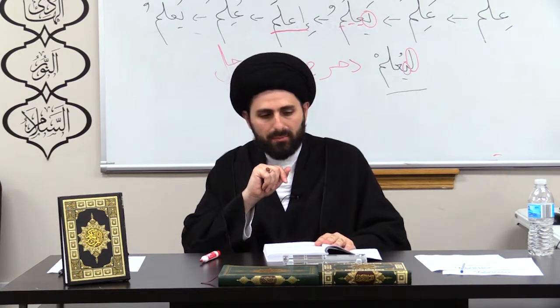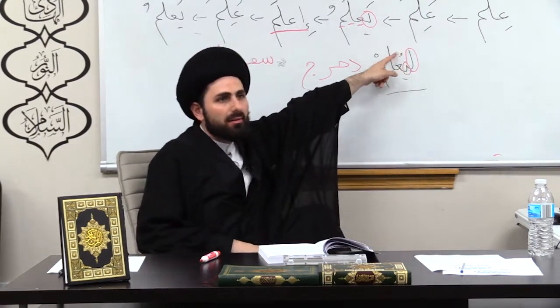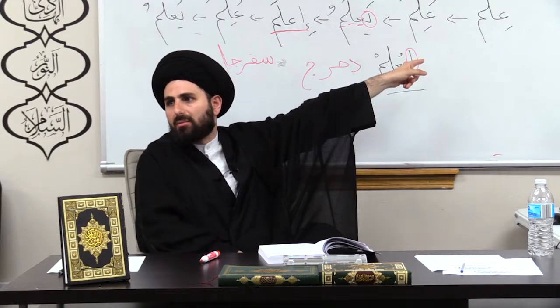Here's what's important to know about the verb. Every verb is taken from the masdar. Every verb in Arabic is taken from a root word. So look at alima. What is it taken from? Ilm. Daraba. What is it taken from?